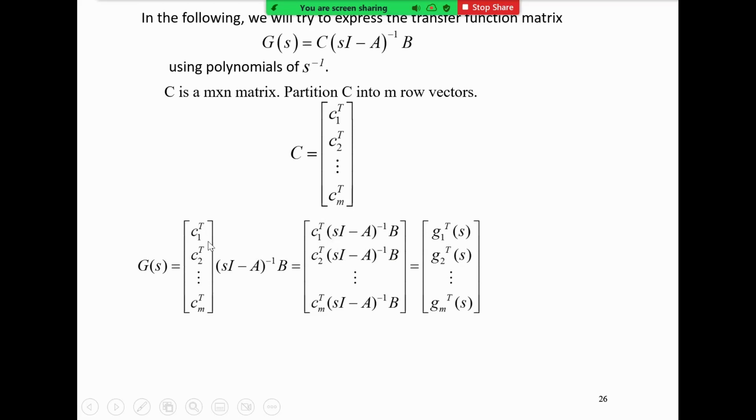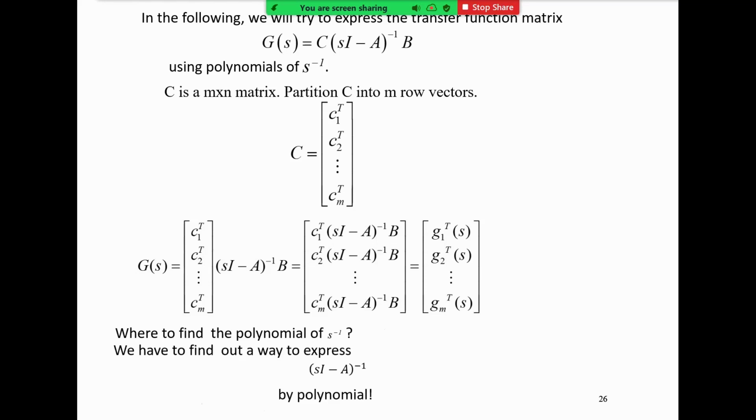So this transfer function matrix can be expressed as row vectors, but each row is a function of S. We want to express this transfer function in terms of a polynomial of S inverse. You will wonder where we find that.